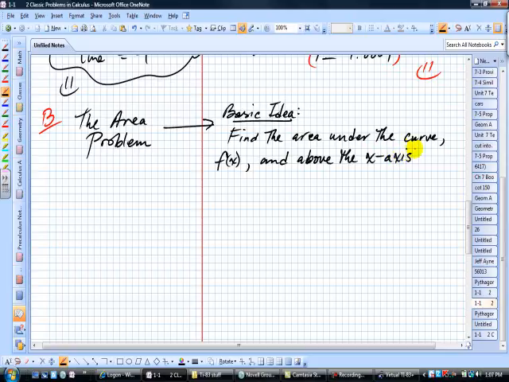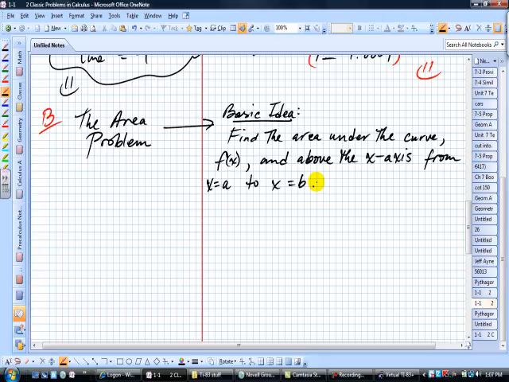You can find areas underneath the x-axis too, but that's a little bit more complicated, so let's just stay above the x-axis for this example. And let's do it from a to b, which are called bounds, left and right bounds, from x equals a to x equals b.